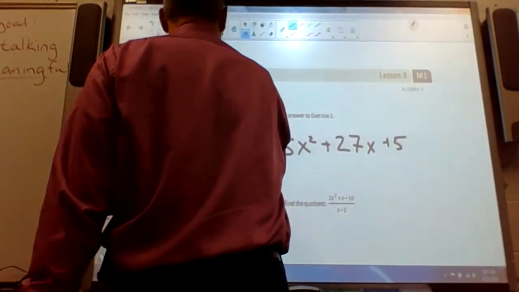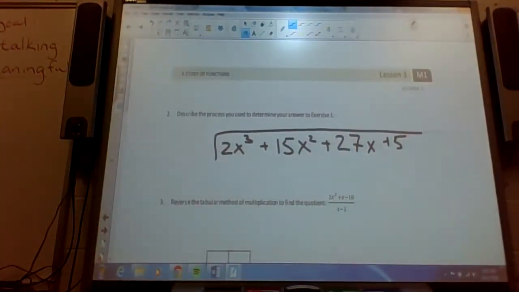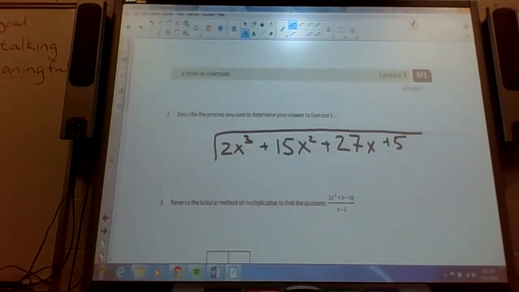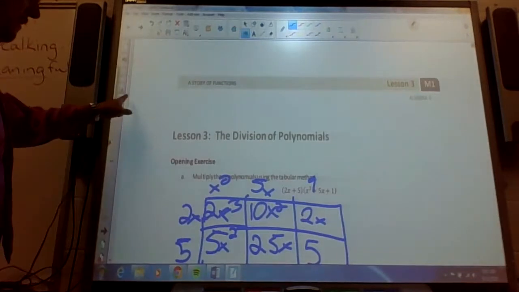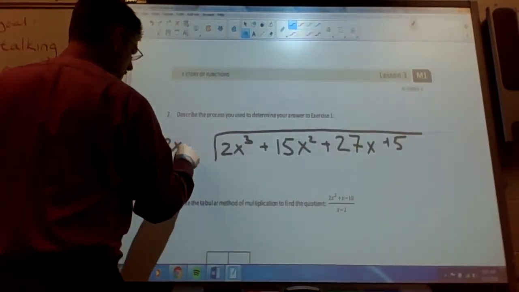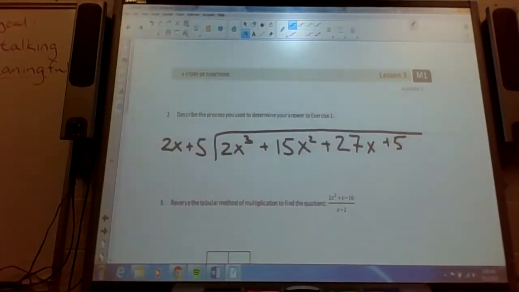Now, I'm going to put a box around it just like that. What does this look like to me? Well, a division box, right? And I'm going to divide it by 2x plus 5. So I'm going to write that out just like that.